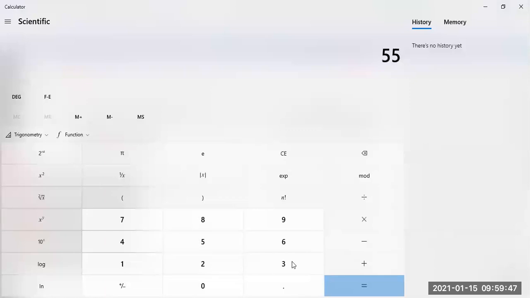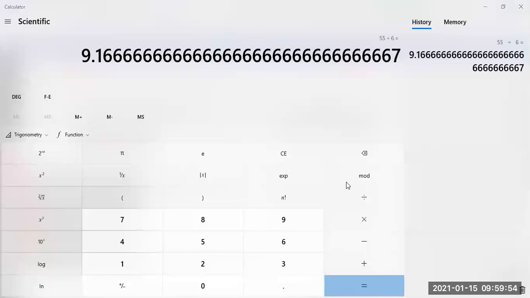So 55 divided by 6. Now, how does our money work? How many decimal places does our money have? 2. So we have to look at the third spot to see how we're going to round this money.